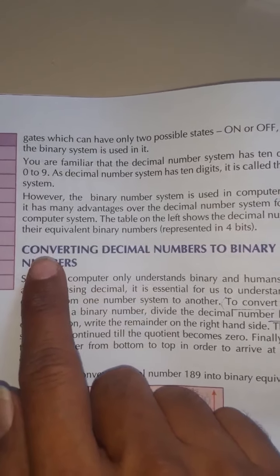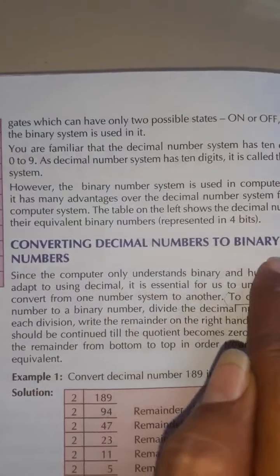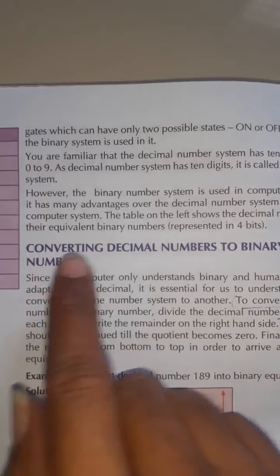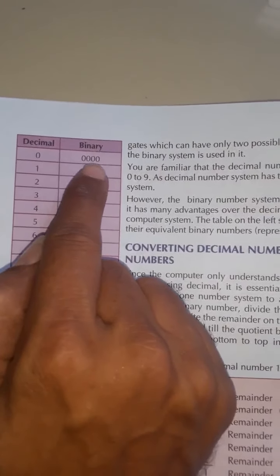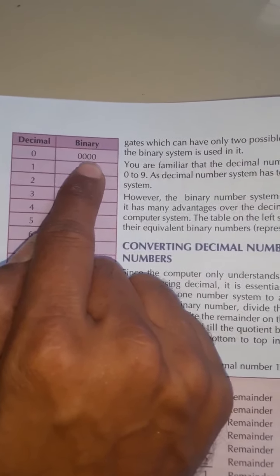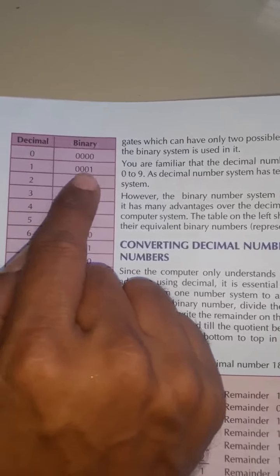Now, how to convert decimal numbers to binary numbers? How does it convert? This 0 is converted into 4 zeros. That conversion we are going to learn now.